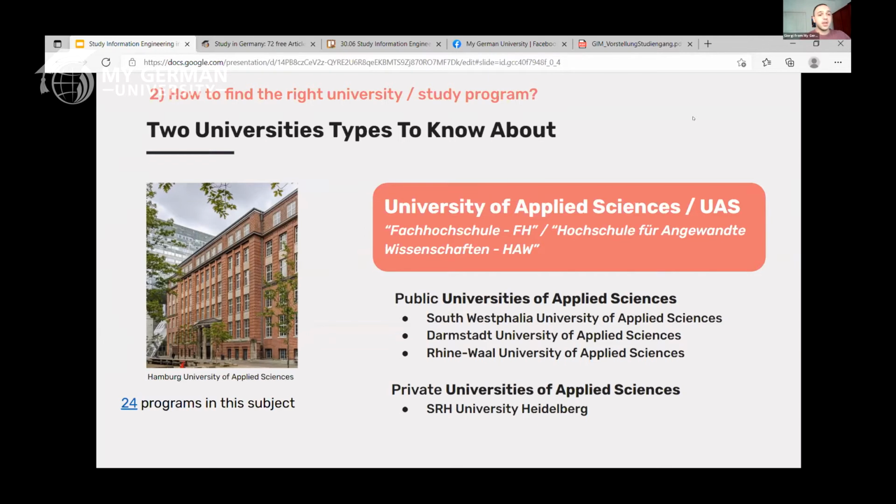This is something you can also control for in our study finder. For example, if you want to attend a program in a related subject provided by a Universität, public or private, you can control for all of this in our study finder because our filters give you this opportunity.